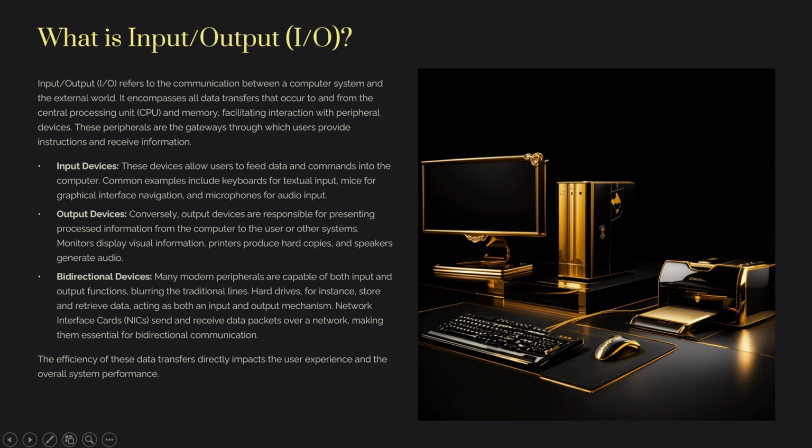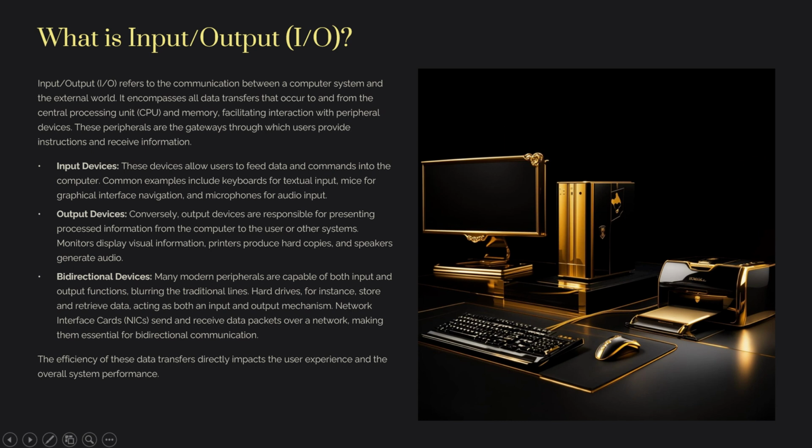So the key components, as indicated: there are input devices firstly, and these are devices that allow users to feed data and commands into the computer. Common examples include keyboards for textual input, as we all know, and the mouse. The next one is the output devices.